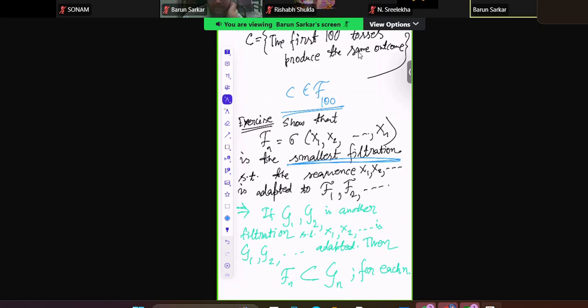Okay, so just a moment. So what we are discussing: if G1, G2 is another filtration such that X1, X2 is adapted to them, then Fn is this thing, right?